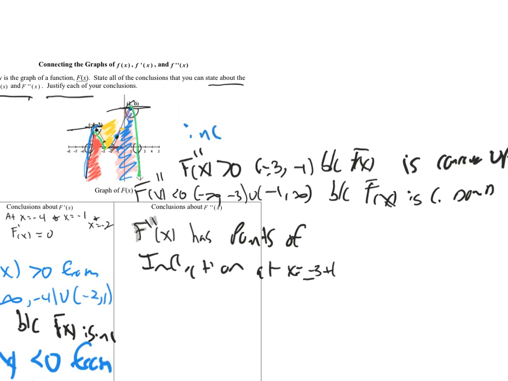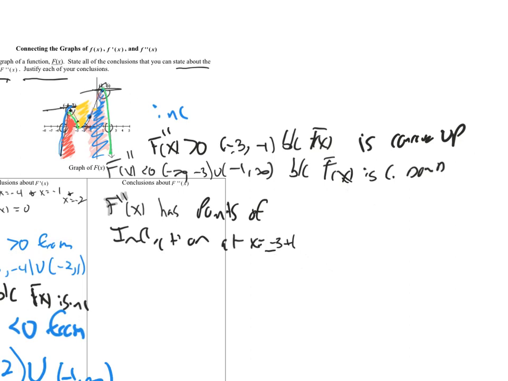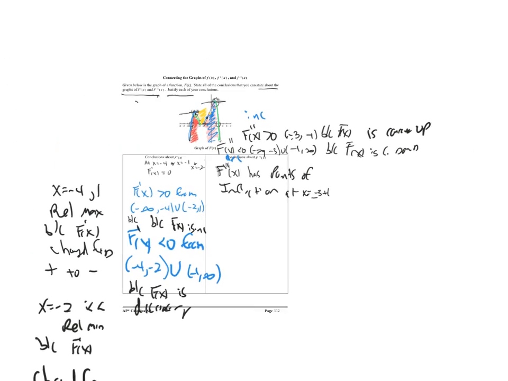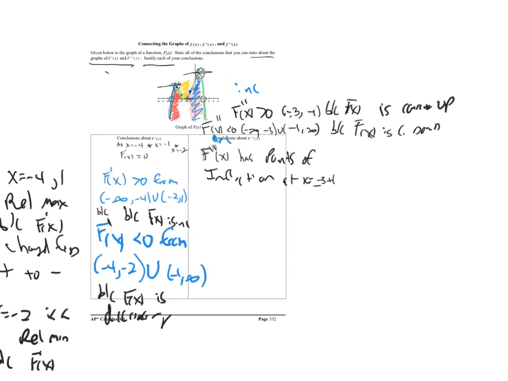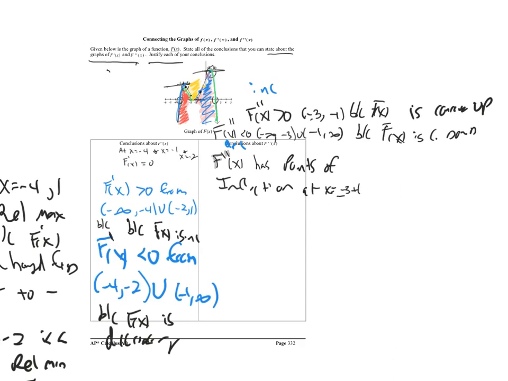That could have also been written as the decreasing one. F double prime less than 0, that would be decreasing. You'll probably think of things. If you think of something else that you can generalize from a picture, please send me a message. I'll add it to the slide.